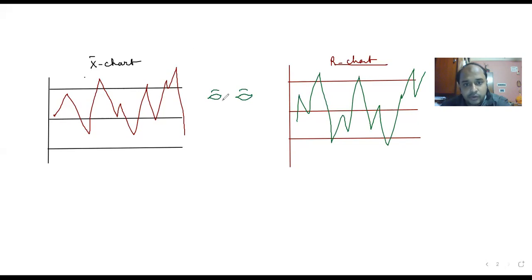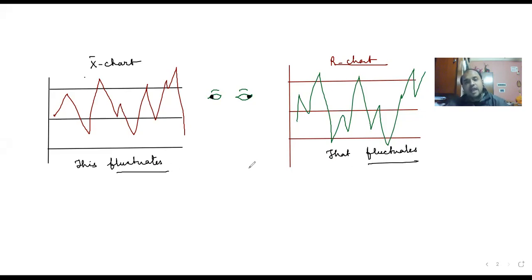What people want to do is look at this X bar chart and that R chart together, and see if this fluctuates, how that fluctuates. So these fluctuations are actually studied together, simultaneously.